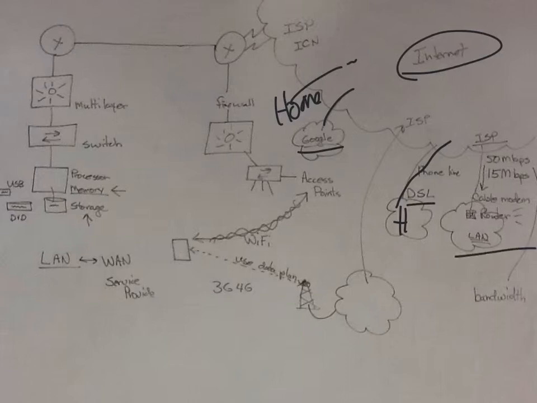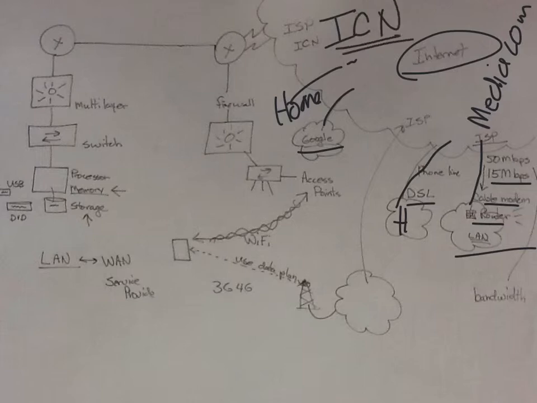This could be my house, got a little router, got a cable modem, and we're connected in to the internet through an ISP. And our ISP happens to be MediaCom. That's the company that we pay for our access to the internet. The college has theirs through the Iowa Communications Network. And we can cover the specifics of that later on.